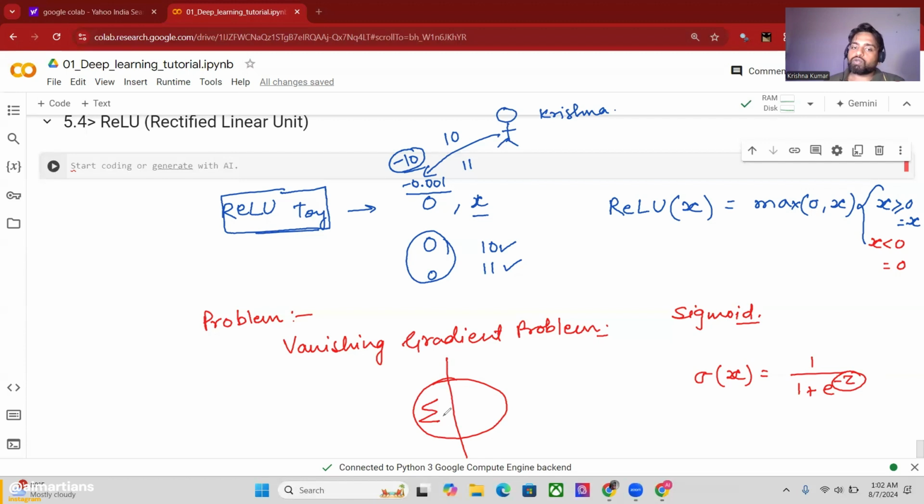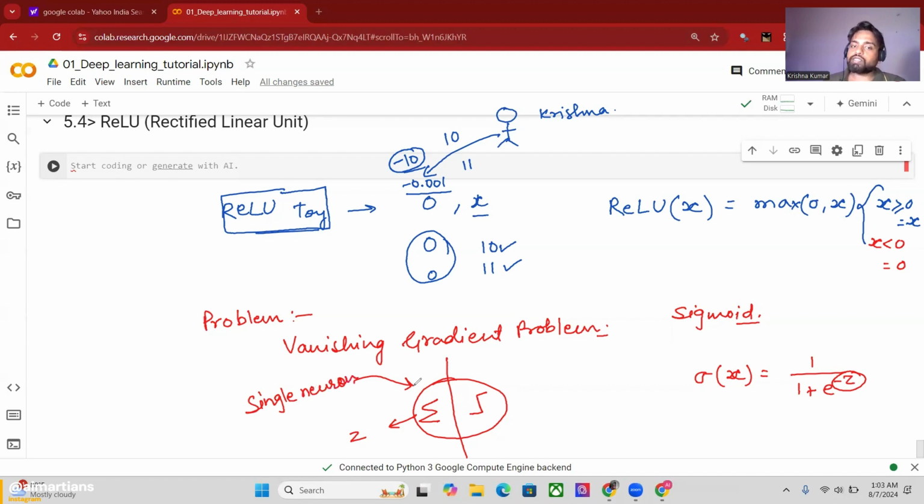Here we are implementing sigmoid, which is used to represent something like this. This is the kind of symbol which is used to represent an activation function in a neural network. So we are talking about a single neuron.